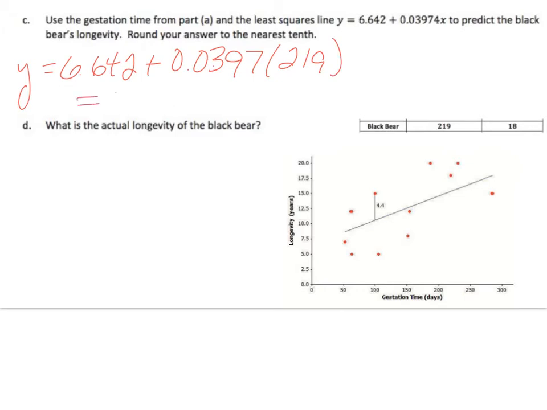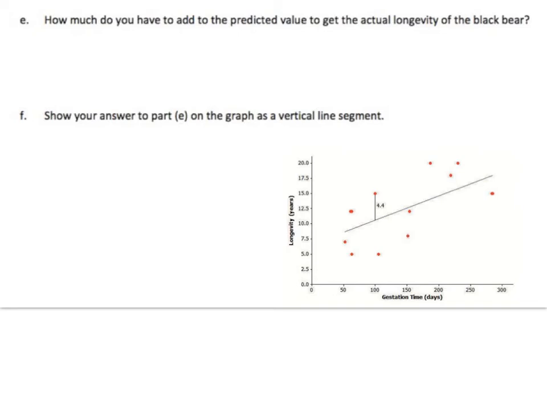Crunch those numbers and I get 15.3 years. What is the actual longevity? 18 years. How much do you have to add to the predicted value to get the actual longevity of the black bear? 2.7 years. So that is my residual.